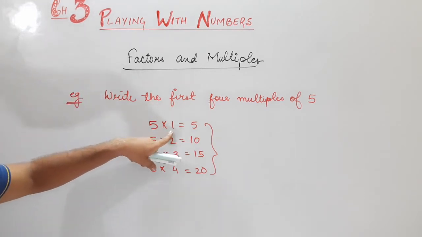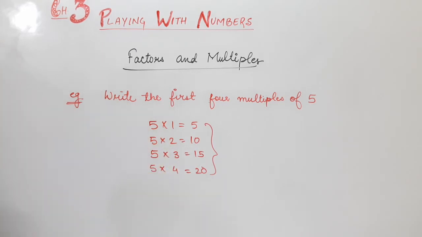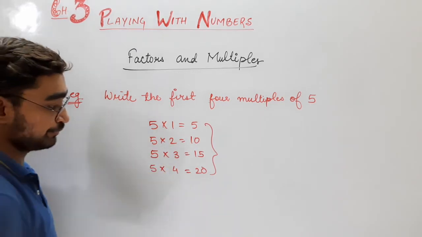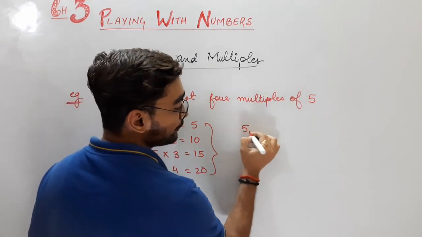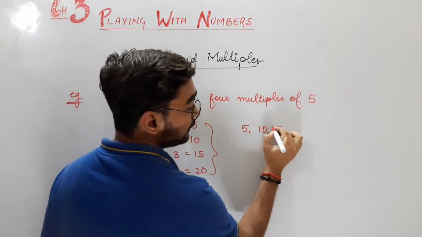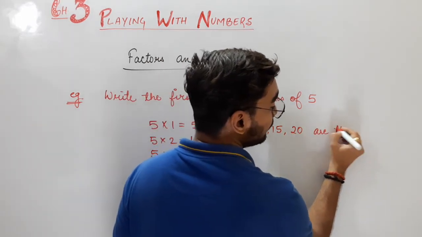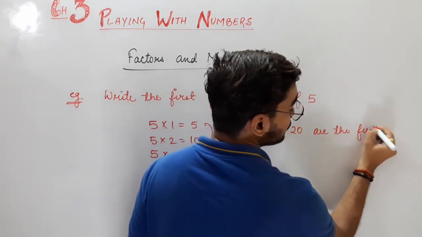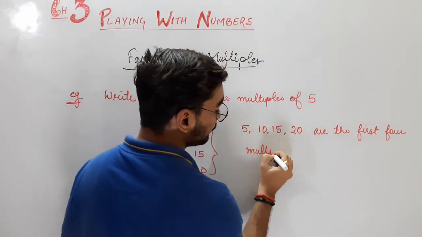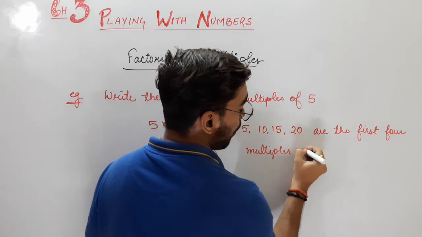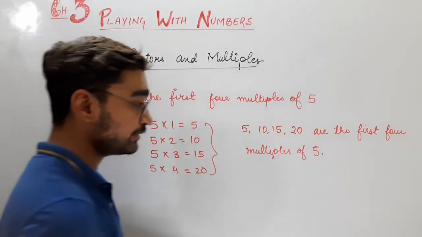So I can say that 5, 10, 15, 20 are the first 4 multiples of 5. That's cool enough.